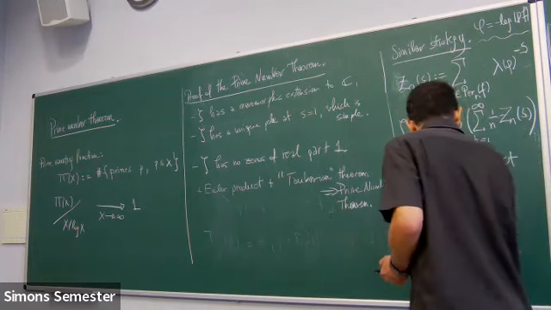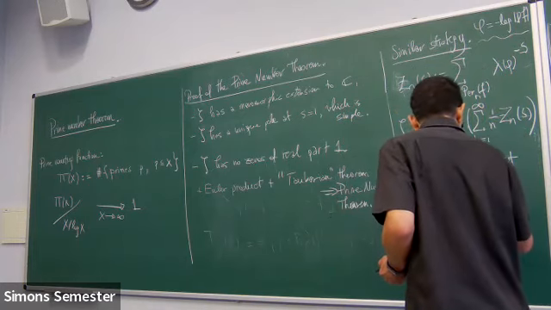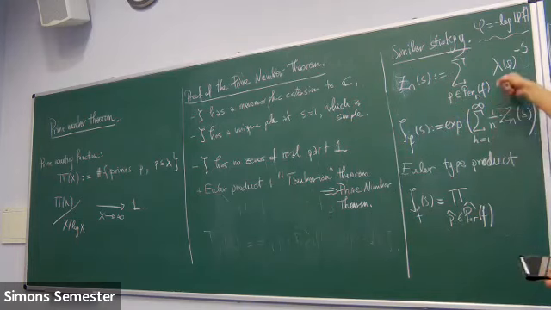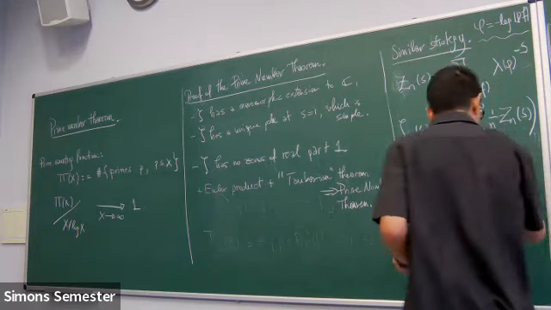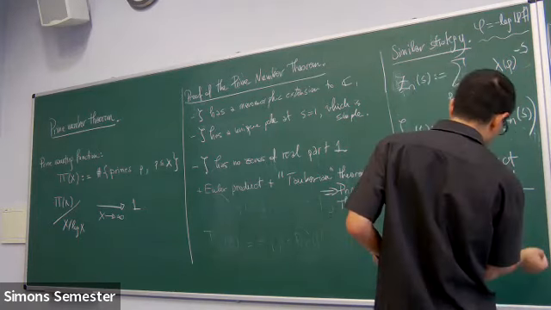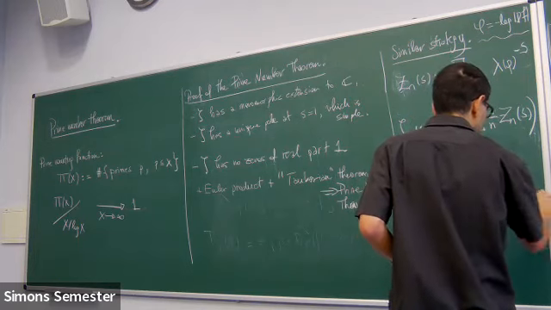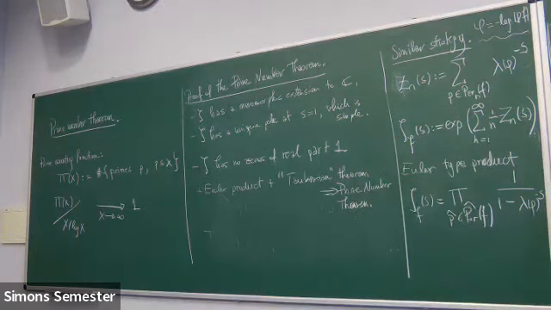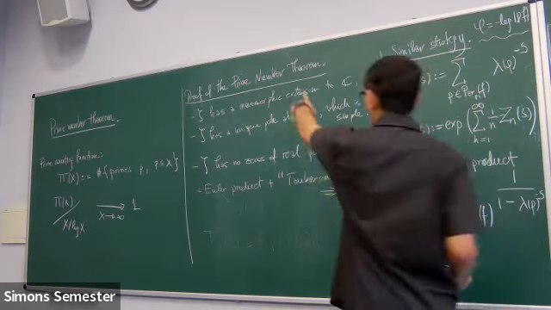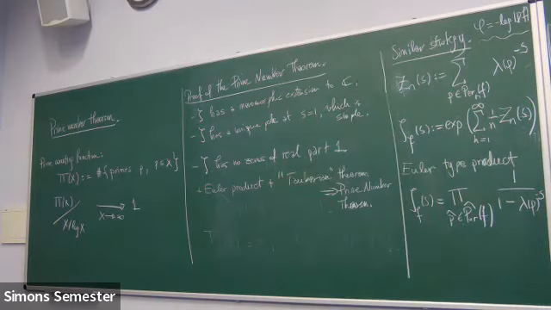Now we change from periodic points to periodic orbits, and we multiply 1 over 1 minus lambda p to the minus s. So that's the Euler type product, and the analogous version is really the main part of this theorem.